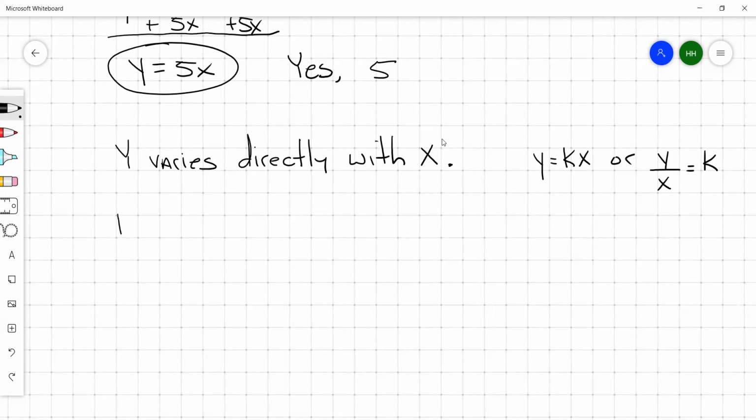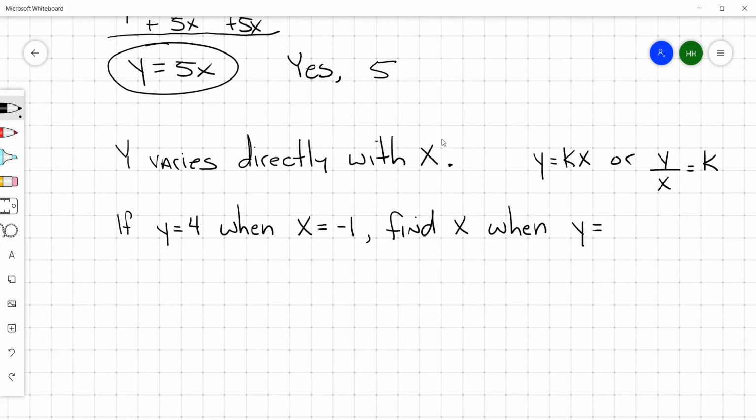They're going to say something like, if y equals 4 when x equals -1, find x when y equals 8. Here's what we're going to do.